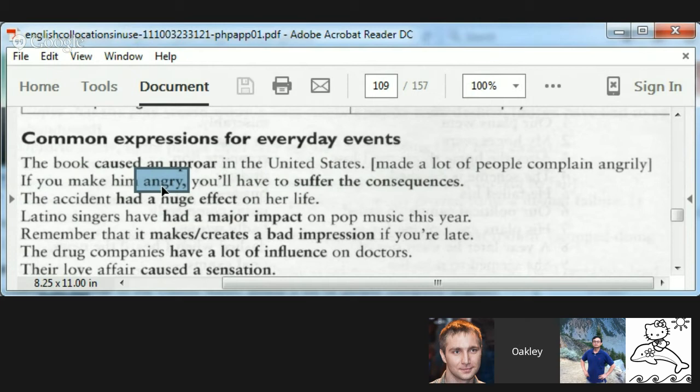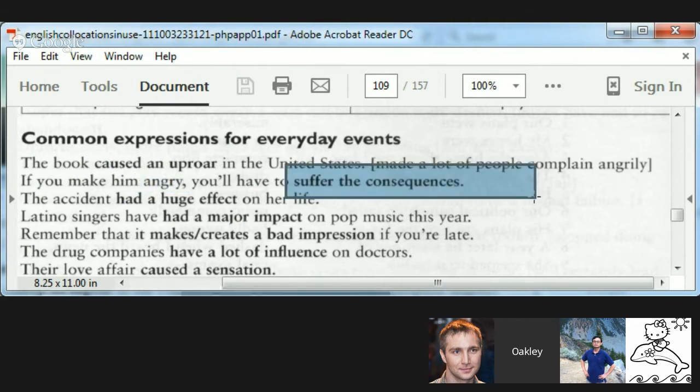What famous character do you not want to make angry, or you'll have to suffer the consequences? Don't make me angry. You don't want to make me angry. Maybe the Hulk. Yes, excellent. That's right. You'll have to suffer the consequences if you make the Hulk angry.